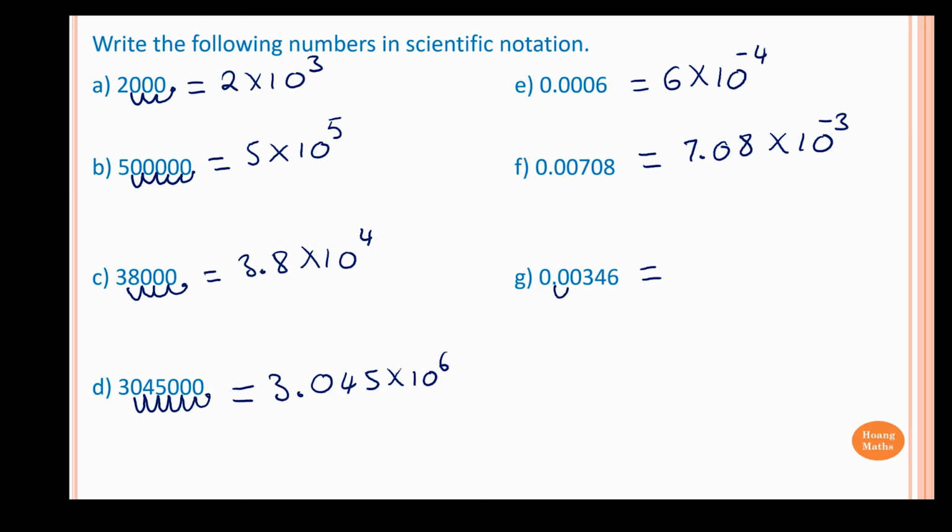So we got 1, 2, and we need one more because remember, we only want one digit before the decimal. So 3.46 times 10 to the power of 3, which is negative because it is less than 1. 0.6. We only need to move 1, so that means 6 times 10 to the minus 1.